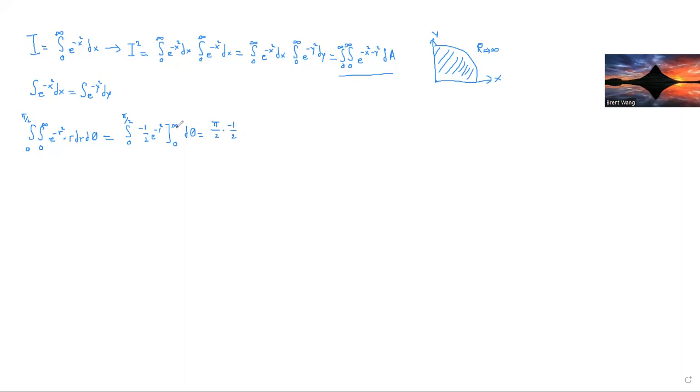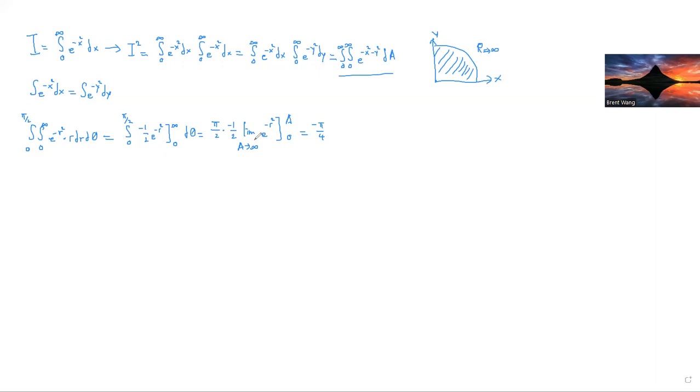I can't have this infinity looking like this. So what I'm going to write instead is the limit as a goes to infinity of e to the negative r squared from 0 to a. This part here is negative pi over 4.